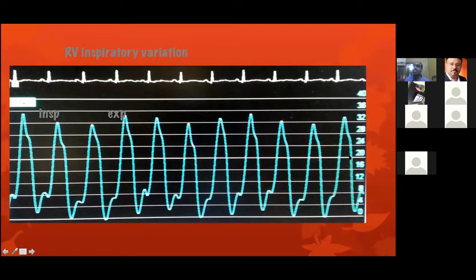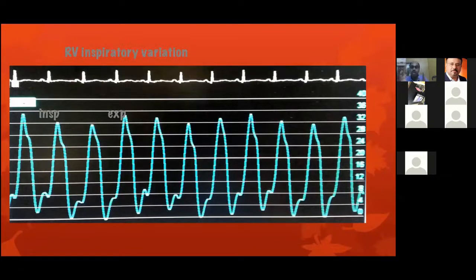Why is the right ventricular pressure trace triangular in shape? Left ventricle shoots to a very, very high pressure, and so it retains a rectangular pressure trace because the time of ascent is very high.